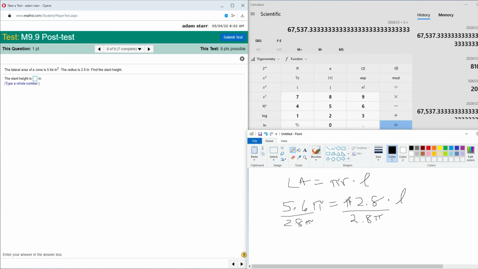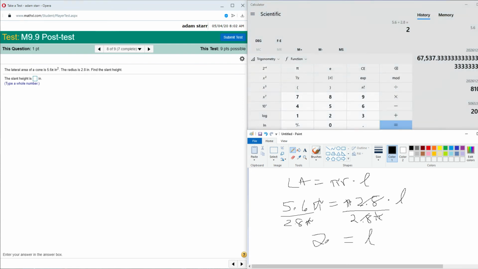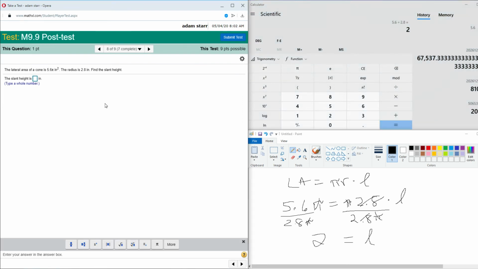Here the pi's will cancel out, the 2.8's will cancel out. I'm left with L, the slant height. So all I have is 5.6 divided by 2.8, which is just 2. So my slant height here is 2 inches.